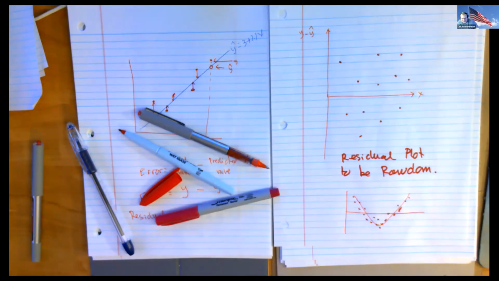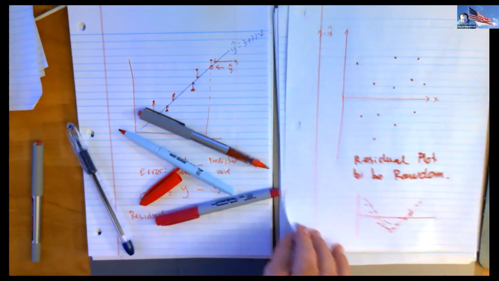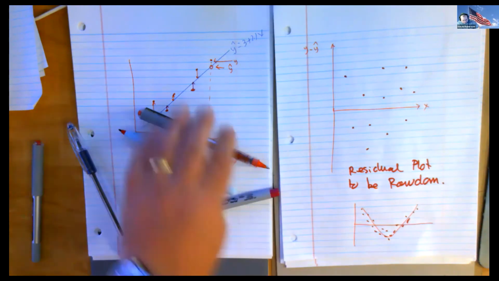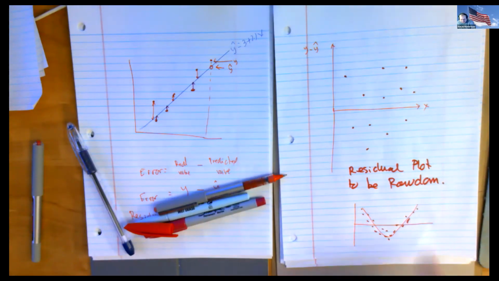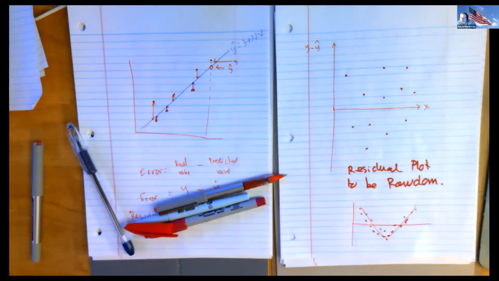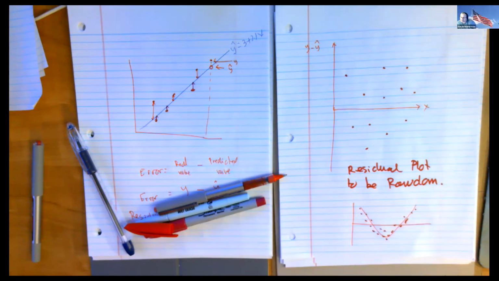So if I take my original data and create one of these residual plots, I can use that to decide whether or not I should have used a straight line in the first place. If my residual plot is random, I know I'm good. If my residual plot looks curved, then I may be in trouble.